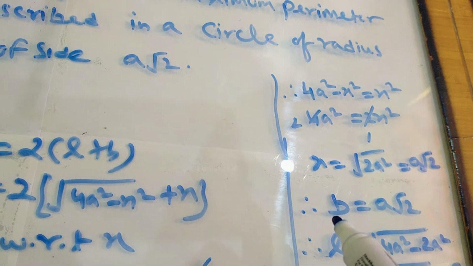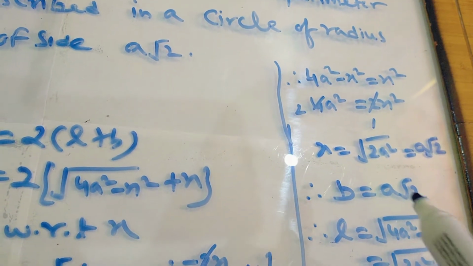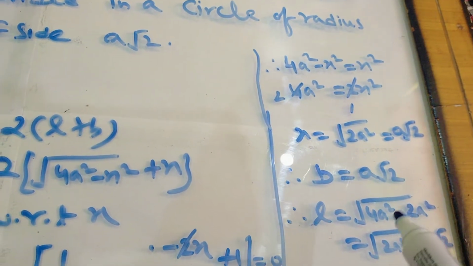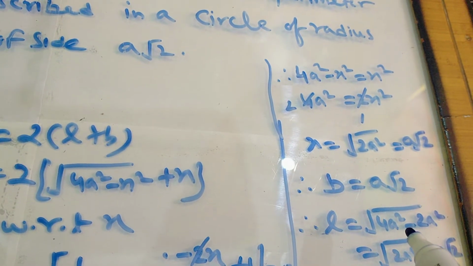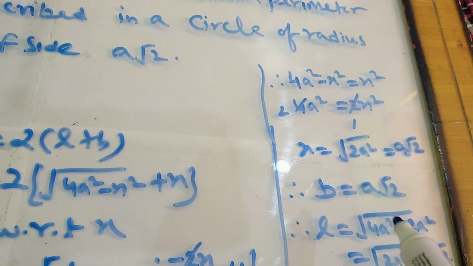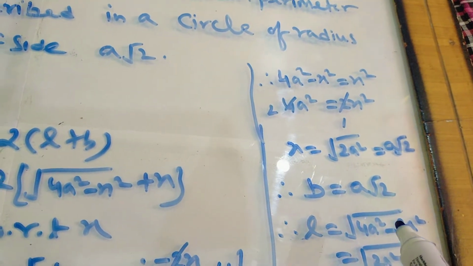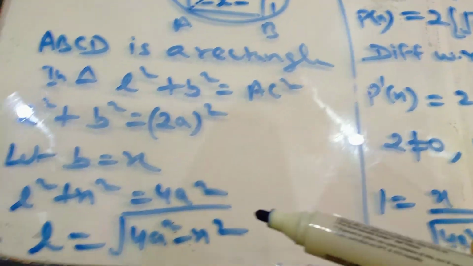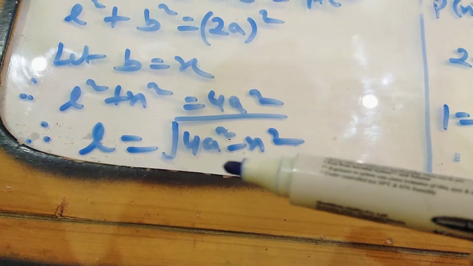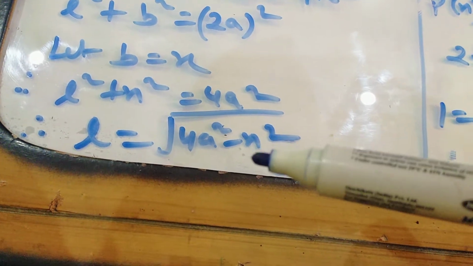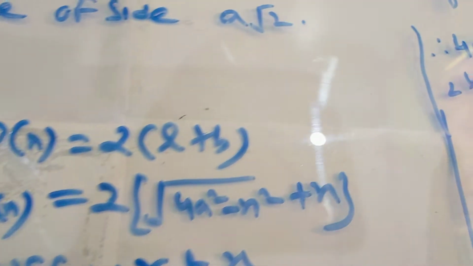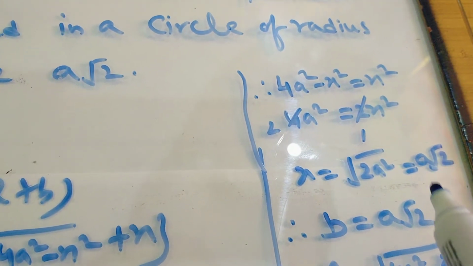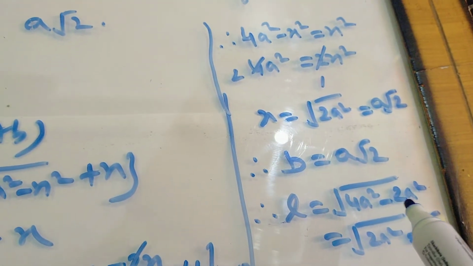So we can say the breadth is a root 2. Now length was the root of 4A square minus x square. What is the value of x? X I calculated is a root 2, so a root 2 square is 2A square.